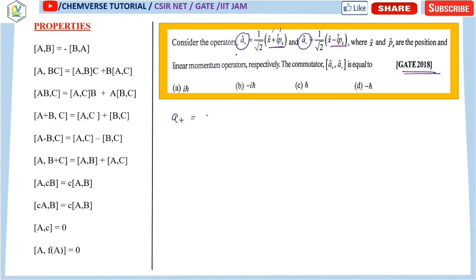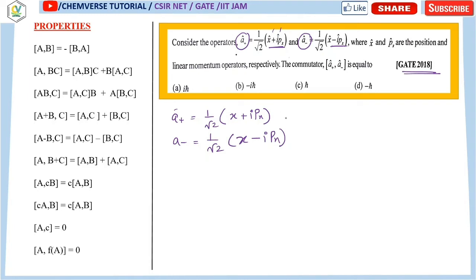A plus operator is 1 by root 2 times x plus i px, and a minus is x minus i px. I'm not showing the operator cap sign for simplicity.